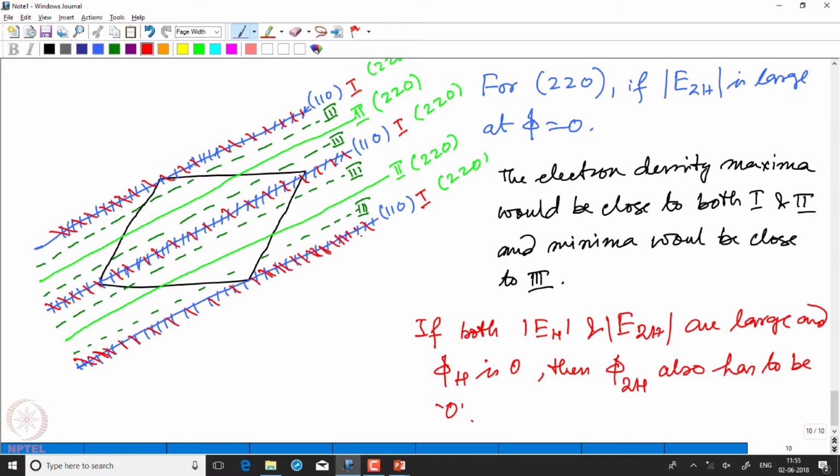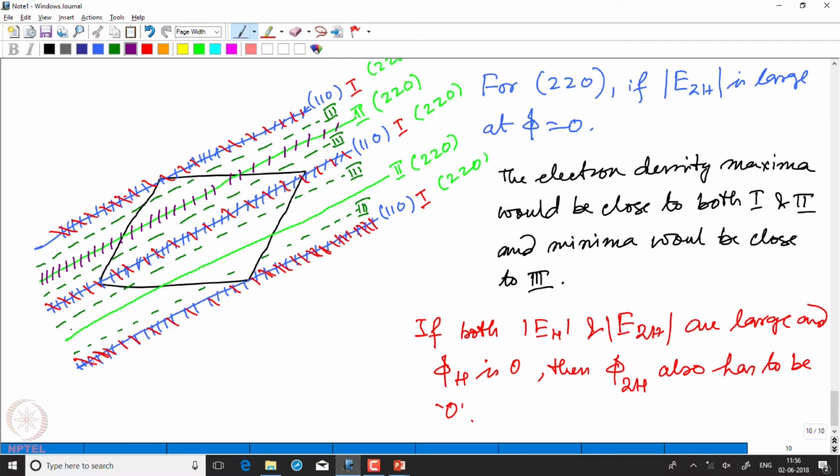Where the electron density maxima is for both 110 and 220, there will be a lesser density near the 2, because in case of the 110 reflection, the lines along 2 will have minima, whereas in case of 220 they will have maxima.